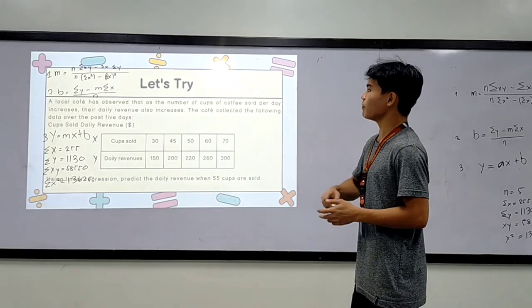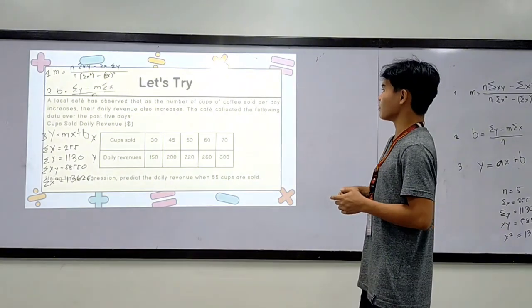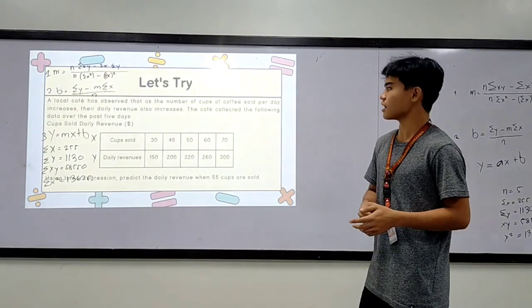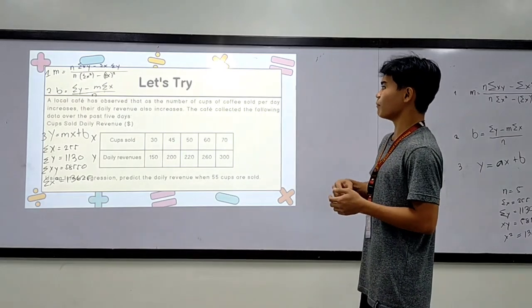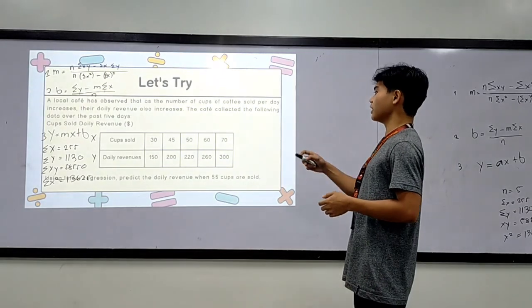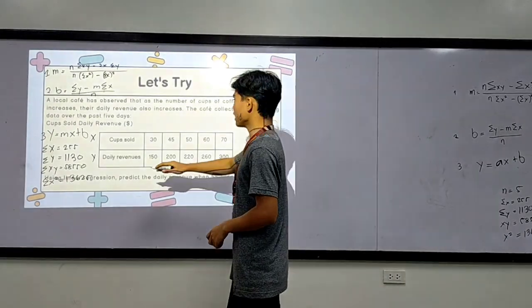So let's try problem number 1. A local cafe has observed that as the number of coffees sold per day increases, the daily revenue also increases. The cafe collected the following data over the past 5 days. Using linear regression, predict the daily revenue when 55 cups are sold. Let this be x and y.